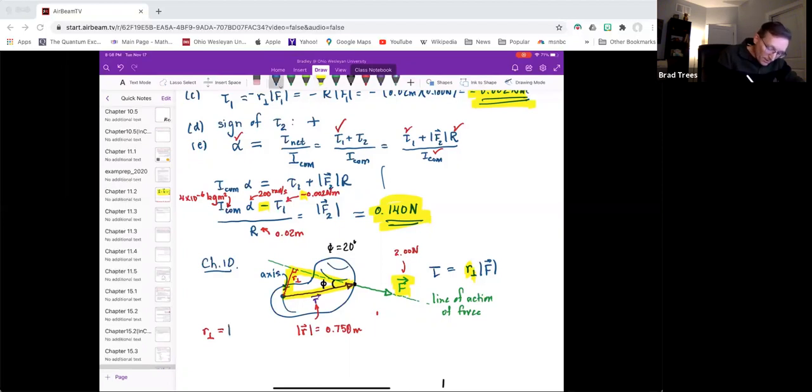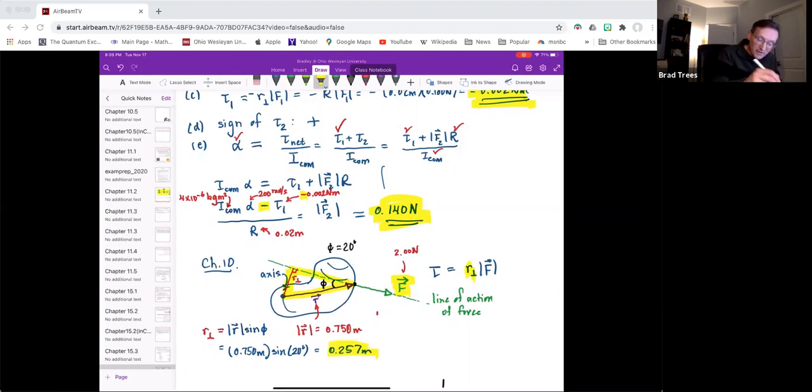So R perp is hypotenuse times sine phi. So that's 0.75 meters times the sine of 20 degrees. And that turns out to be, I kept it in degree mode, 0.257 meters. That would be the moment arm in that case.